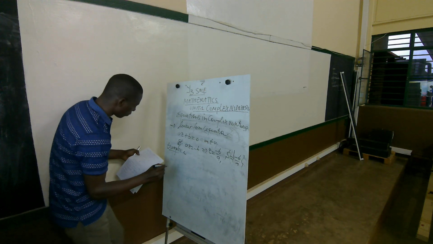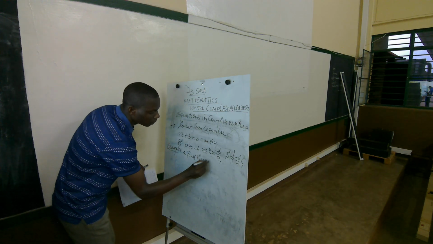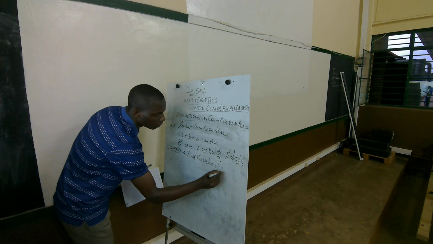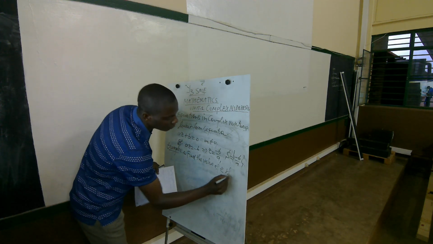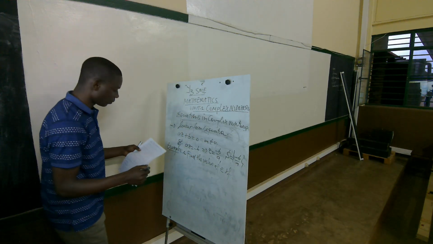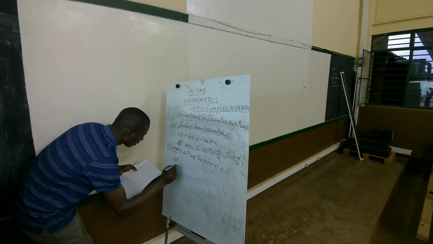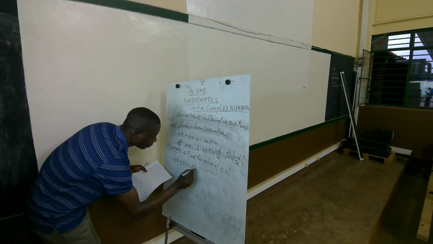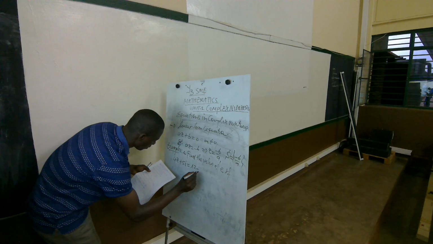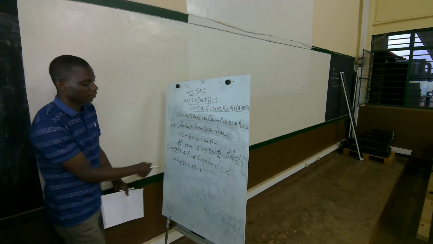Let's say, for example, find the value of z if 4z plus 5i is equal to 12 minus i. So we can find the value of z.